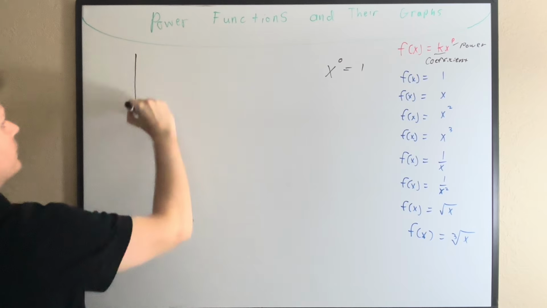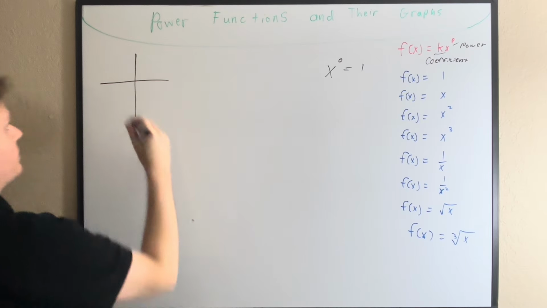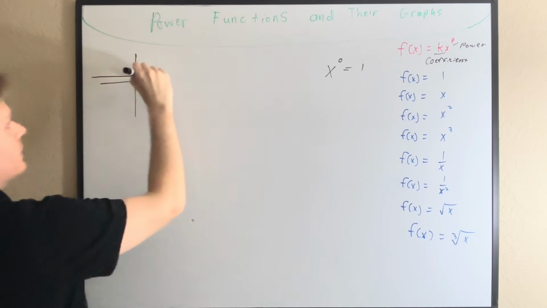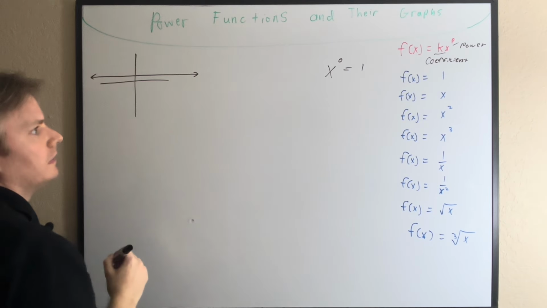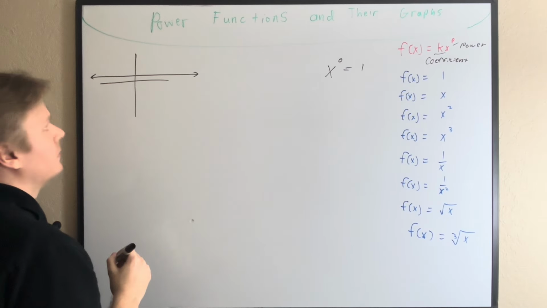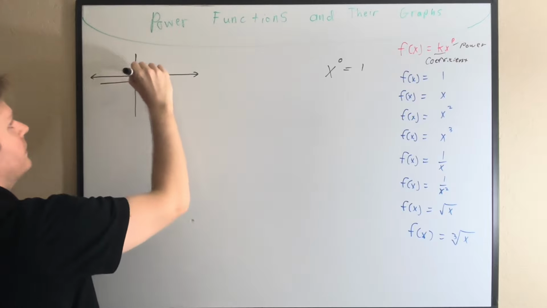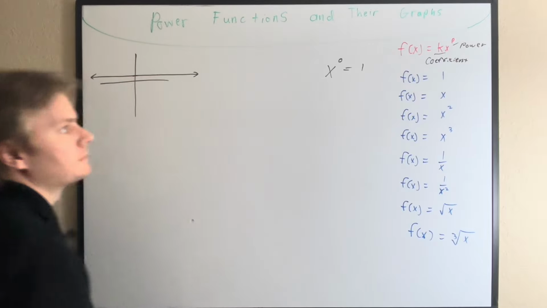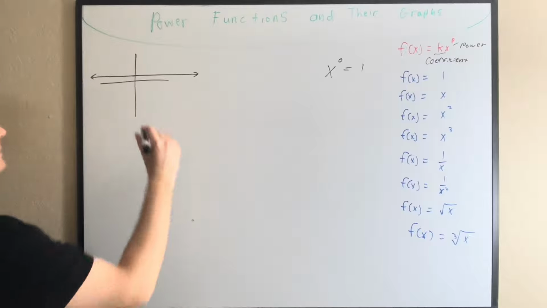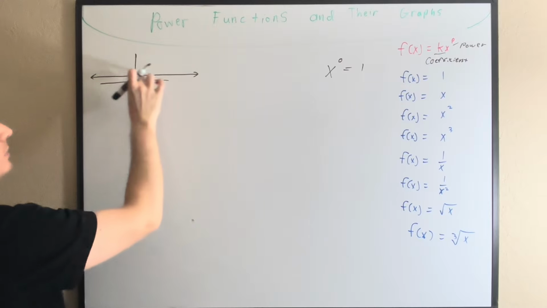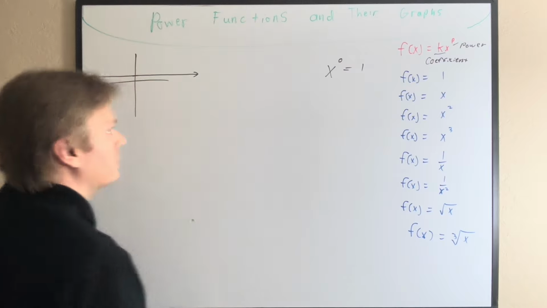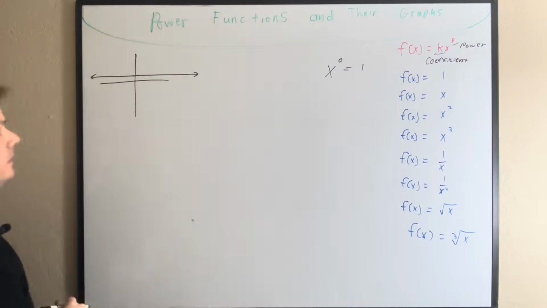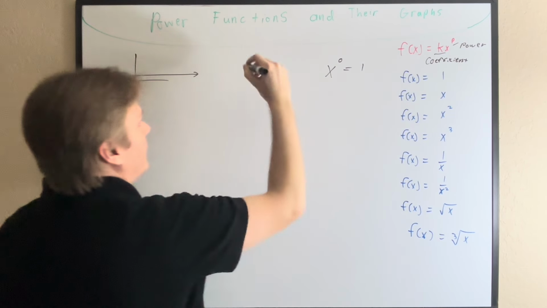So if we were to graph f of x equals 1, it would just be that straight line right there, right? Because it would just always be positive 1 forever in both directions.